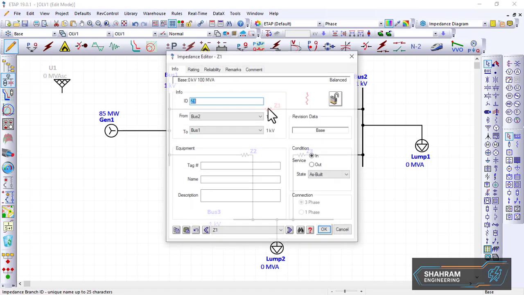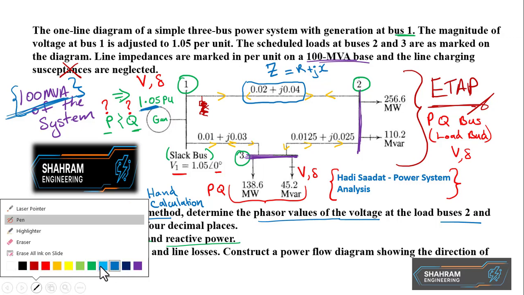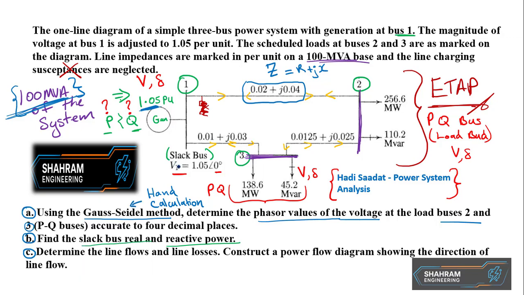Now the impedances. Note something important here. The impedances are in per unit. So let me do it here. Let me just do 1, and then the others will be very easy to understand. Let me go here with dark blue.